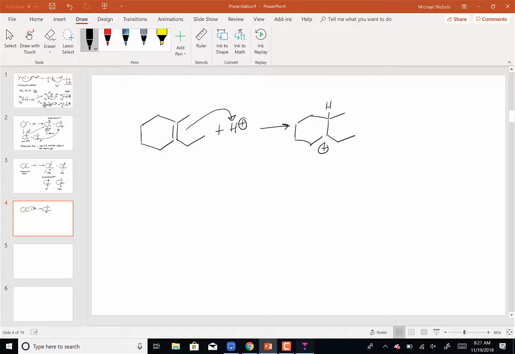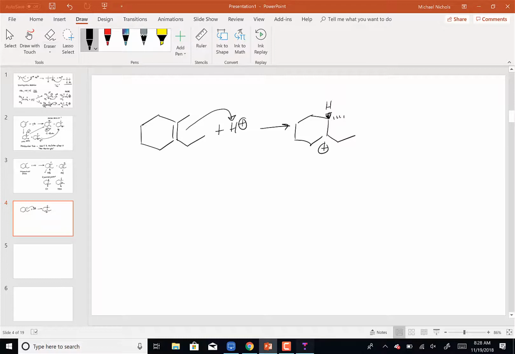There's the first step. And just for the sake of argument, let's say we added the H from above the ring. That help anybody? That hint? It's not helping anybody.